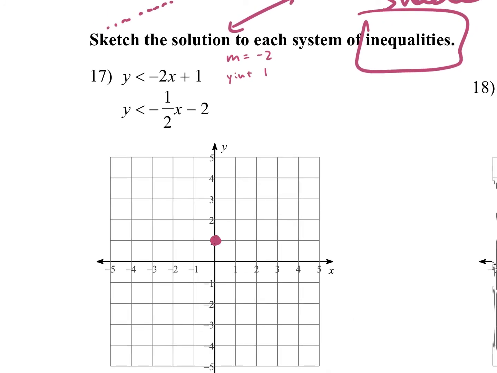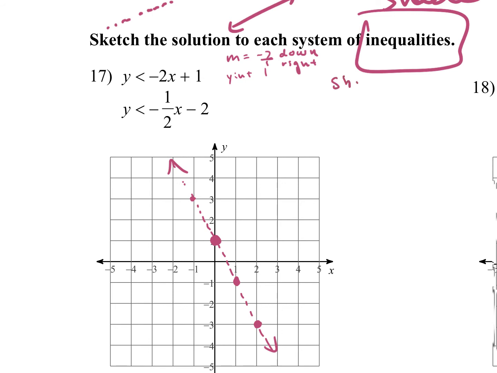So where's my first point going to go? At 1 on the y-axis. And then how do I do the slope of negative 2? Down 2, right 1. So down 2, right 1, down 2, right 1. Do I have a solid line or dotted line here? Dotted line. And then I need to figure out where I'm going to shade.